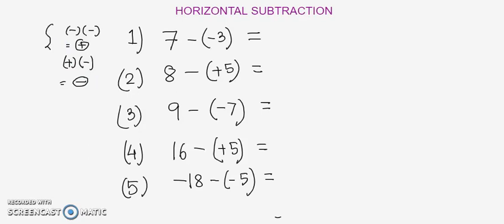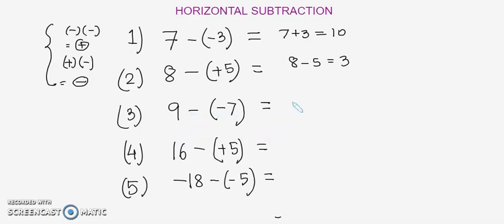Just remember this rule and we will follow this rule only. 7 minus minus 3, so minus minus changes to plus. 7 plus 3 and the answer is 10. 8 minus plus 5. So minus plus or plus minus becomes minus. So 8 minus 5. After solving, it gives you 3.